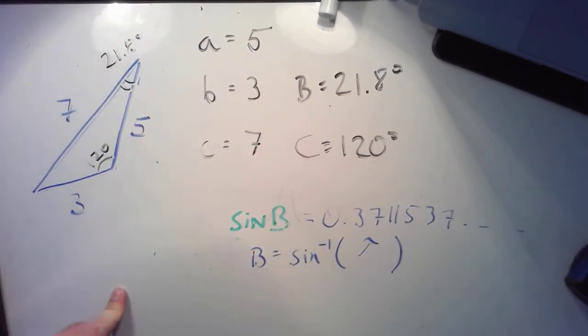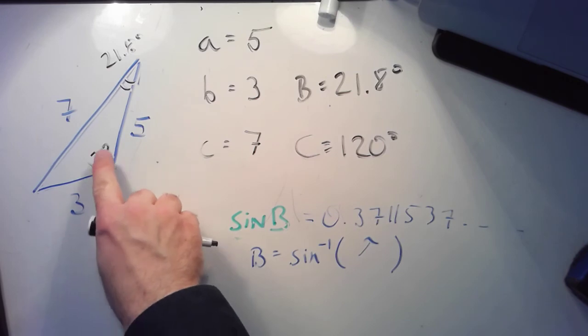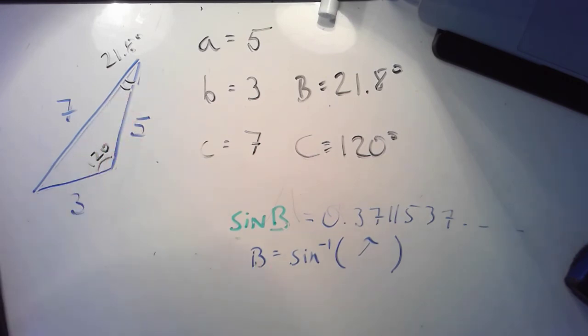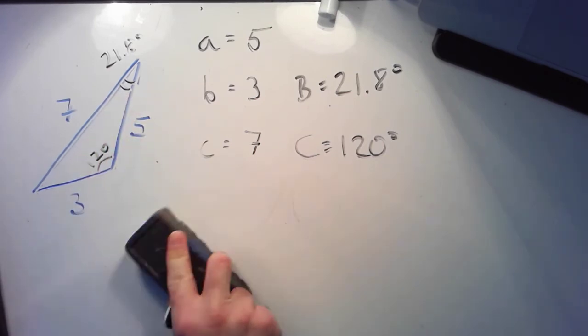21.8 degrees. And now that I've got two angles, I'm all done with the law of sines. I'm all done with the law of cosines.